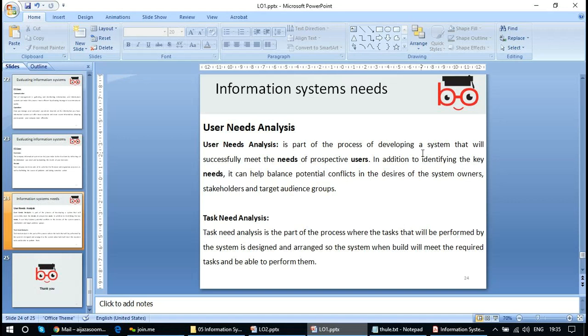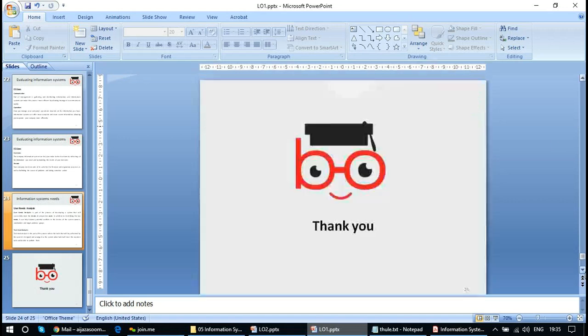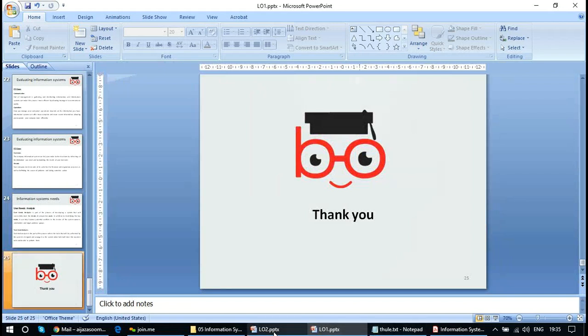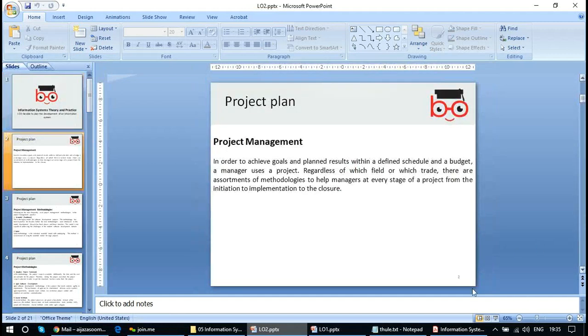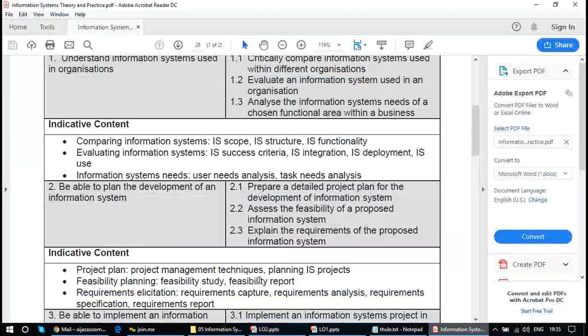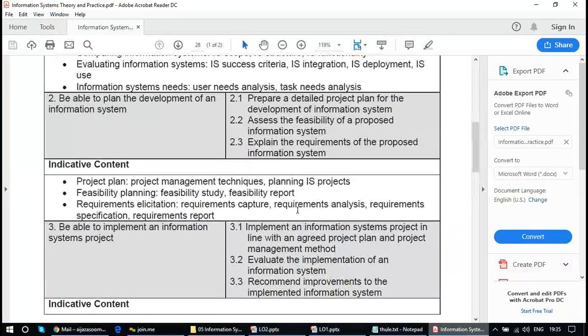And next, number 2, be able to plan the development of an information system. It would include the requirements definition, but let us start with the project plan. Now we are in the planning of information systems.